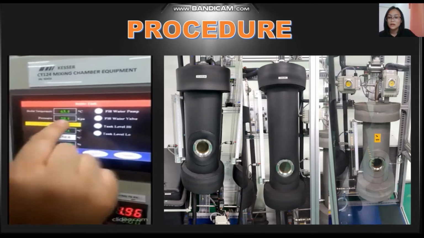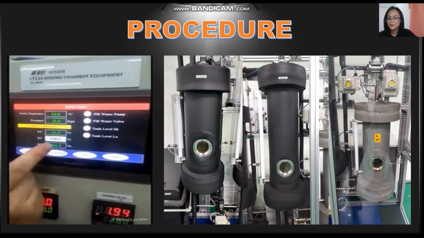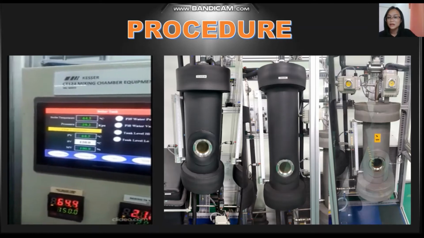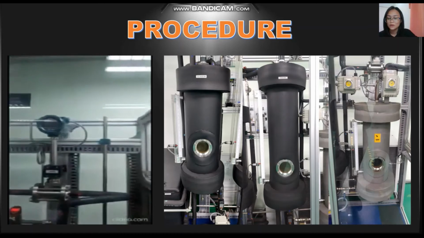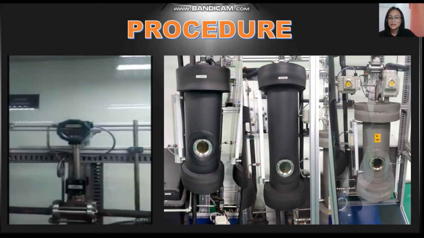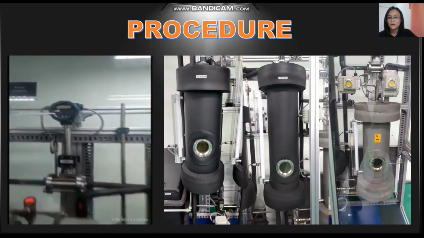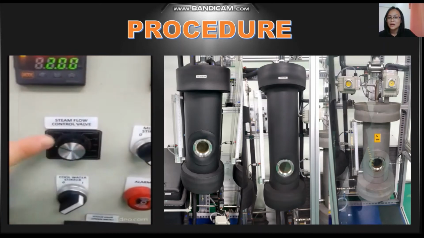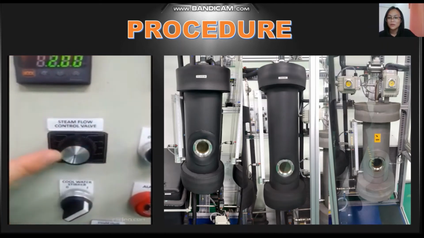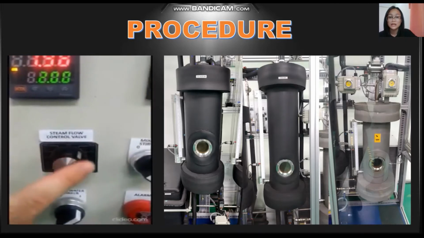After the boiler tank temperature is 150 degrees Celsius, take the reading in kilogram per hour, and this reading we need to divide by 60 to get the reading in liter per minute, and then turn on the steam flow control valve to let the steam flow to release the steam.